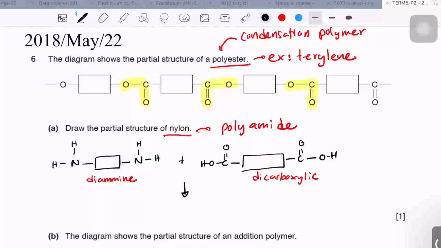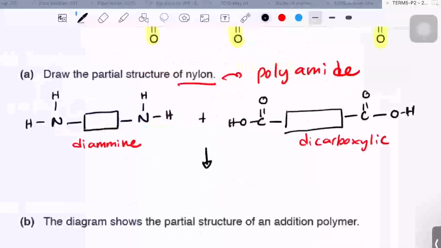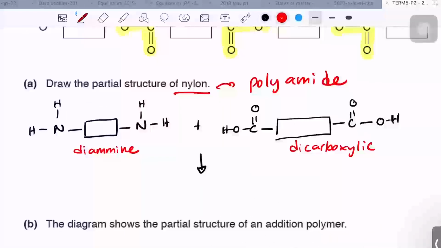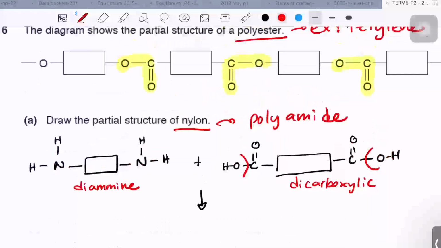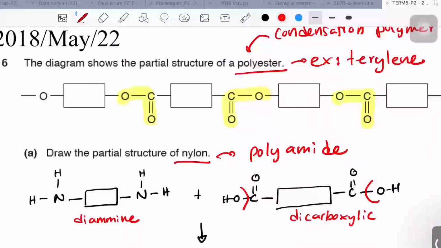Right, now when we draw the structure of the polymer, what we need to do is remove the OH from carboxylic. Even when we draw esters, we remove the OH from carboxylic, right? And H from nitrogen.